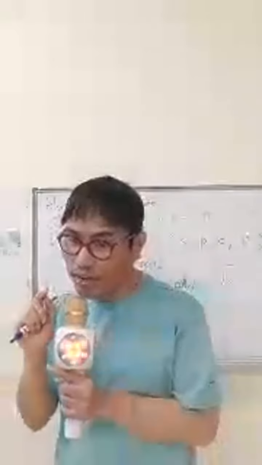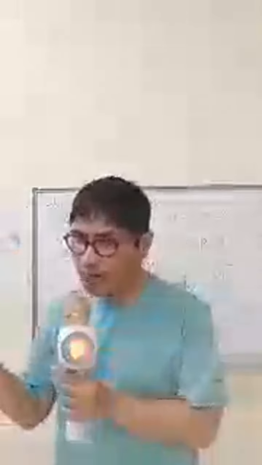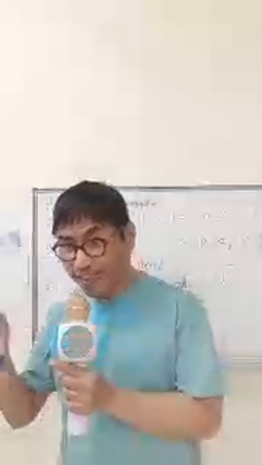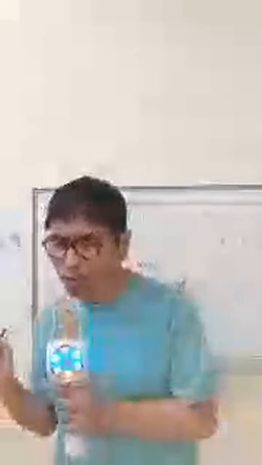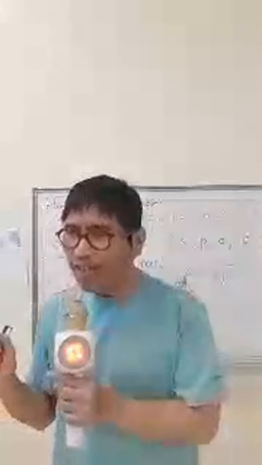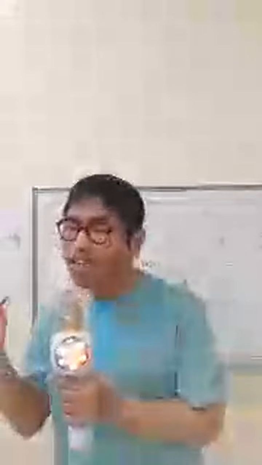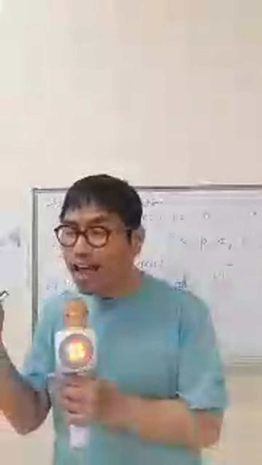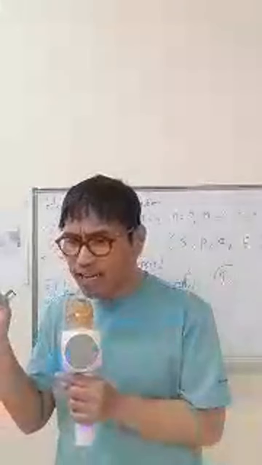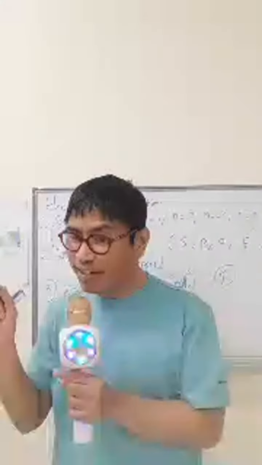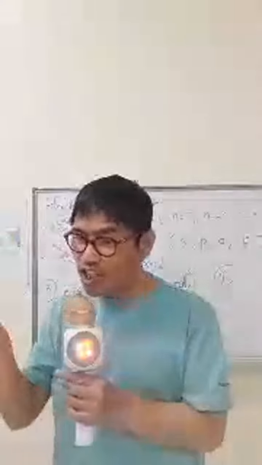Remember, this is the Pauli exclusion principle. Each orbital in the sub-level s, p, d, f will only hold a maximum of 2 electrons with opposite spin. But you have to fill the level first before changing the spin.